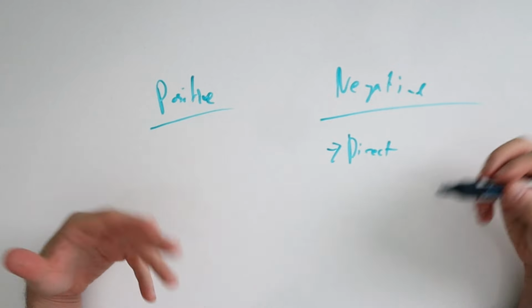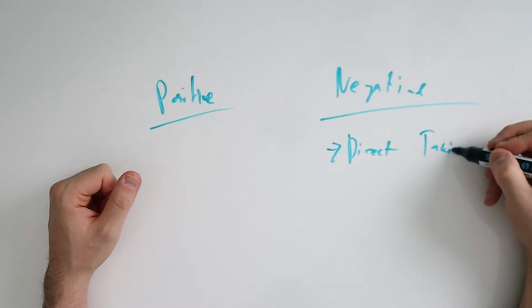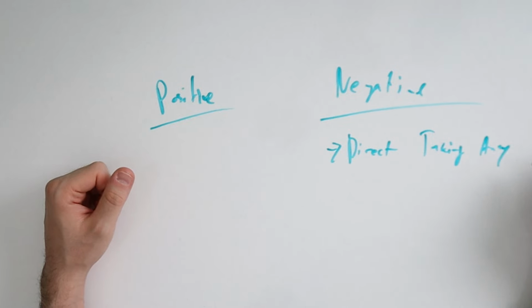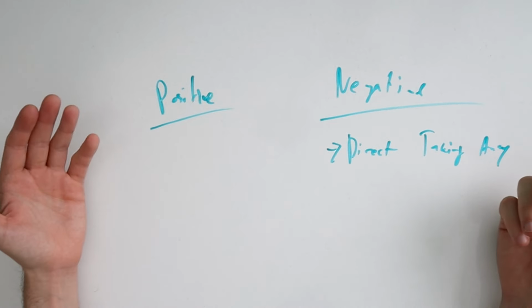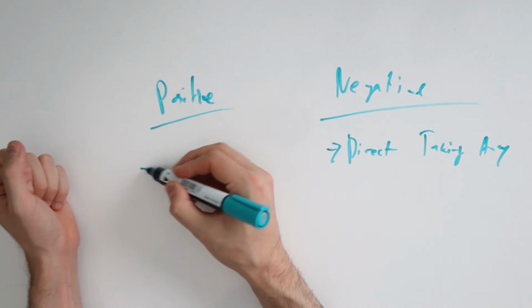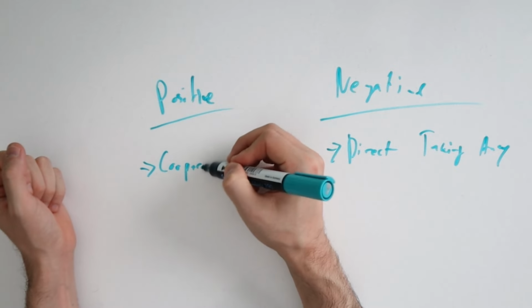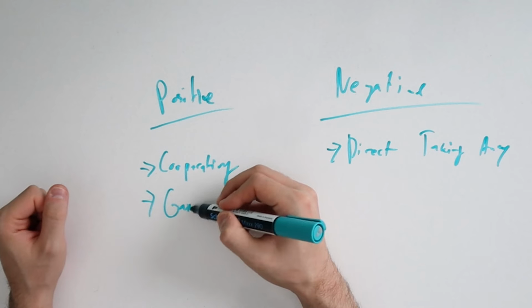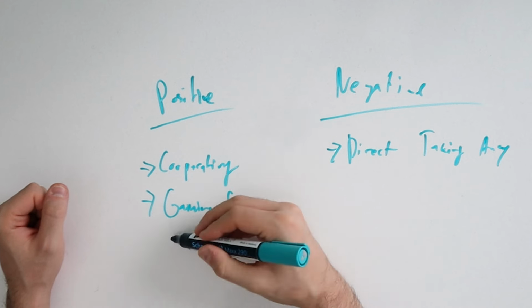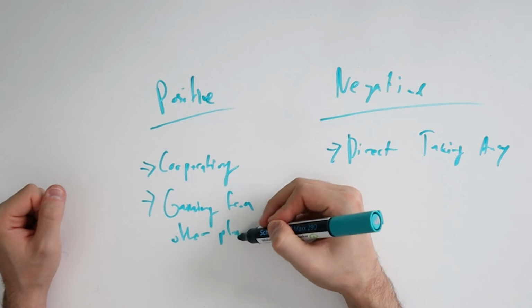A negative interaction typically is a direct, you can say, taking away from other players, you directly affecting them in a negative way. Positive player interactions, on the other hand, are things like cooperating, or players affect each other, but maybe you're going somewhere, so I'm gaining something from other players' actions.